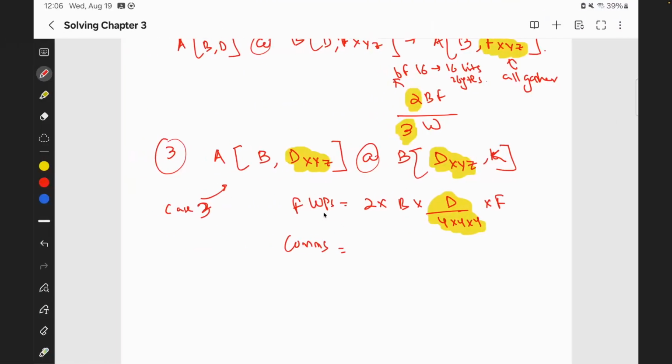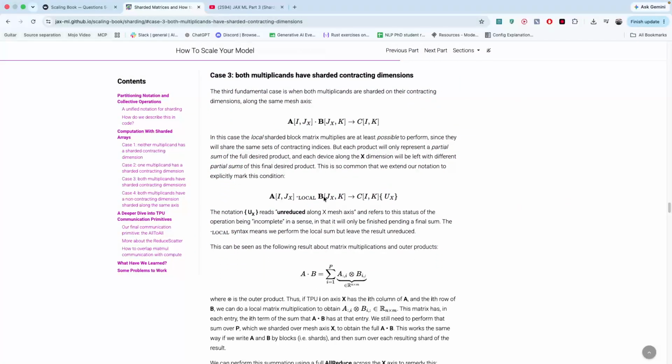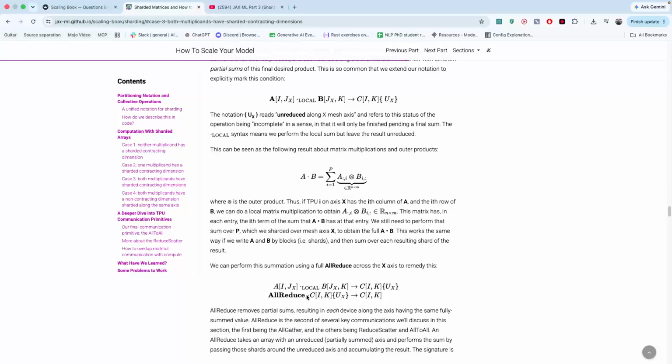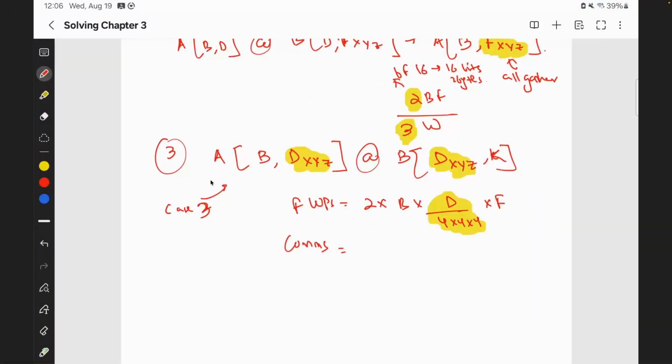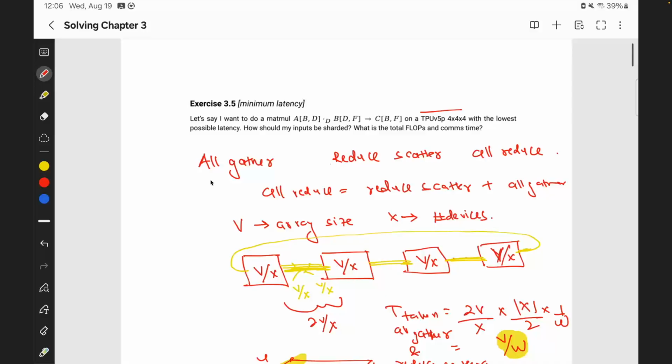Here we have sharded the contracting dimension in both of our matrices. And here we first do a local matrix multiplication, and then we do an all reduce on that. And as discussed here, all reduce is equal to reduce scatter plus all gather. So hence all reduce is twice as expensive as all gather.